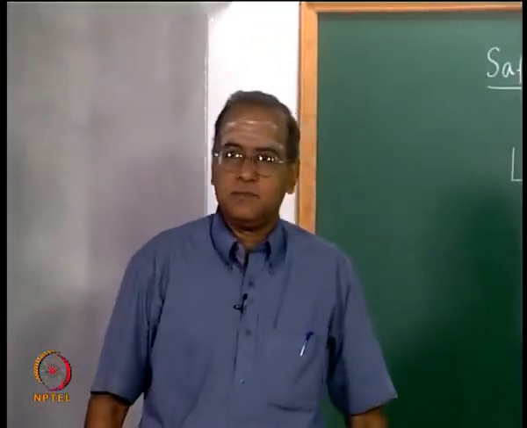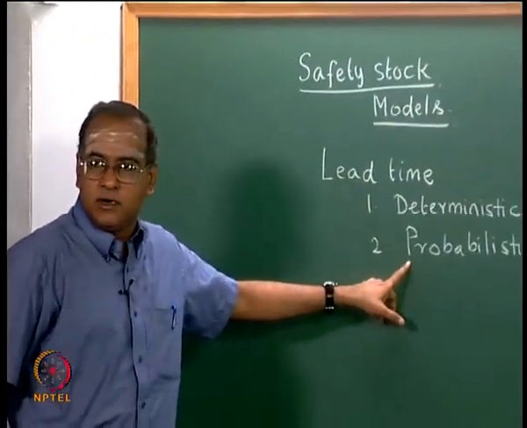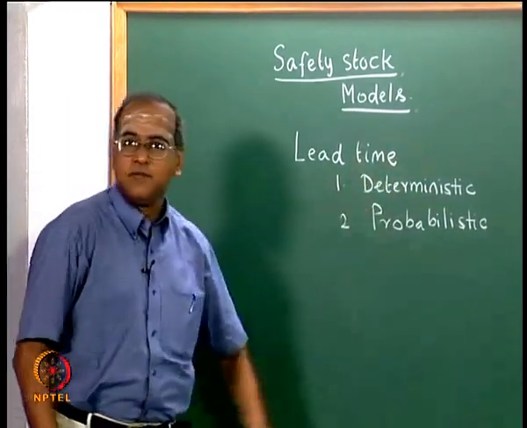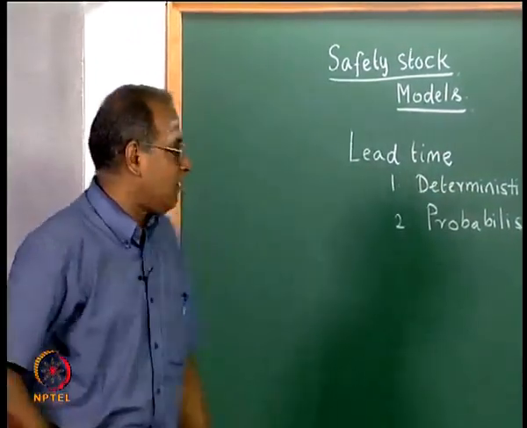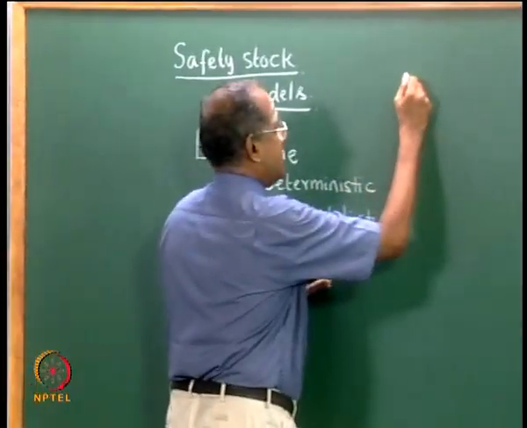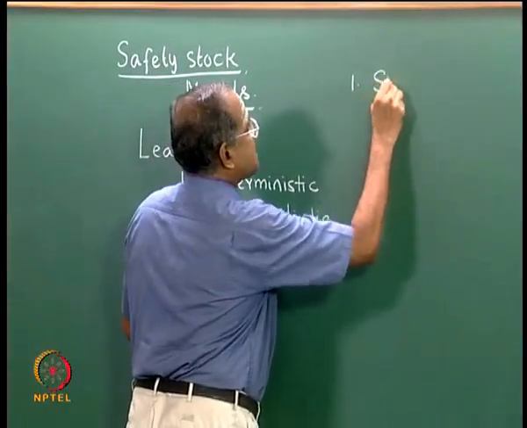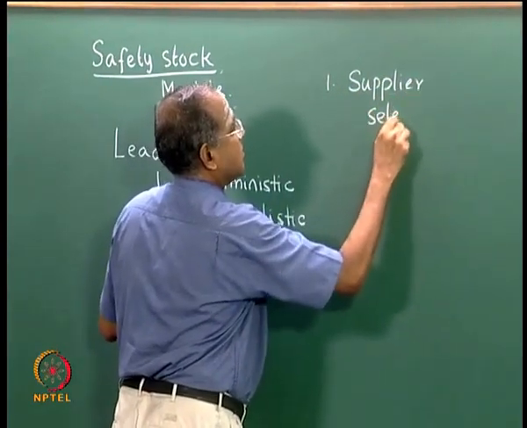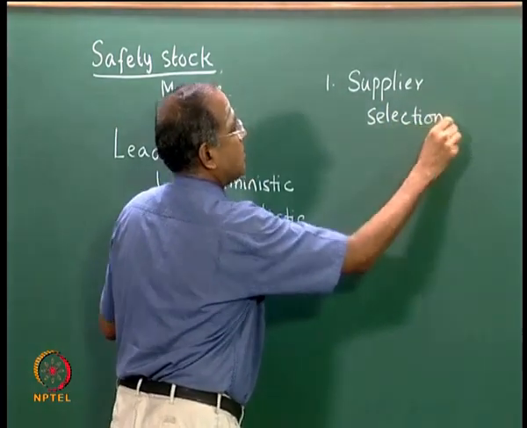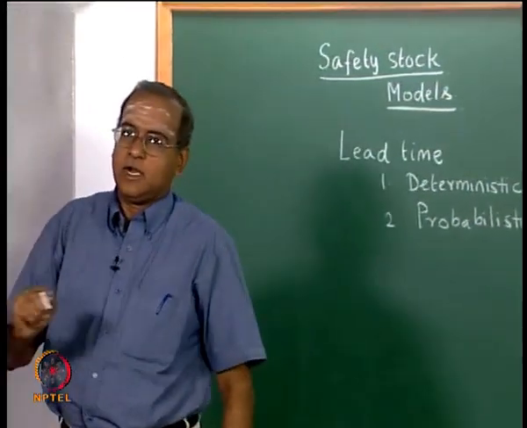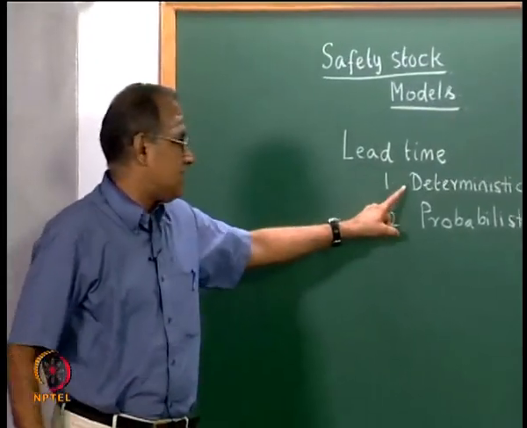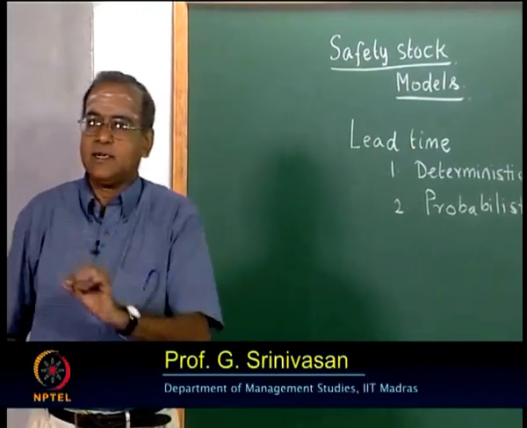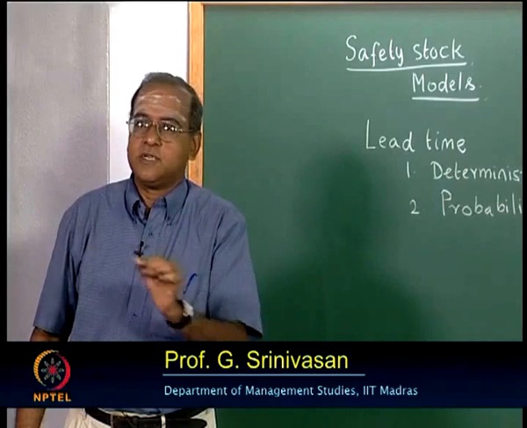And we also saw that this would lead us to more safety stock than the case of deterministic lead time. And one of the things that we said at the end is it also has an impact on supplier selection. Ideally, we would like to choose a supplier who has a deterministic lead time rather than choosing a supplier whose lead time performance follows a distribution.